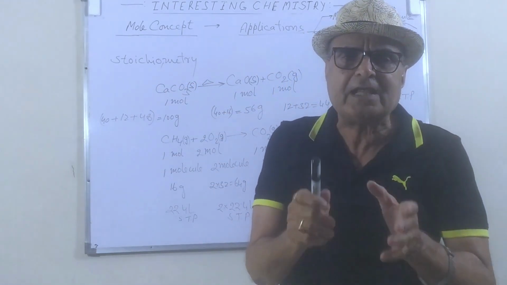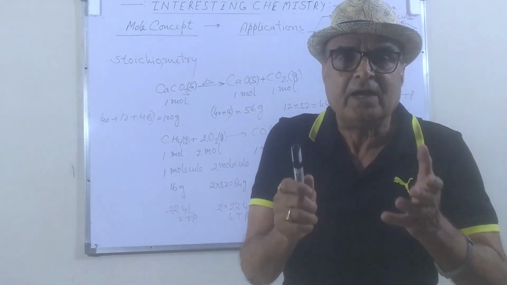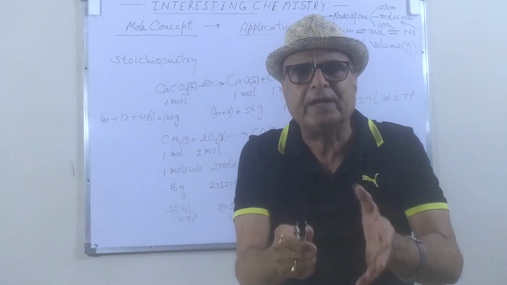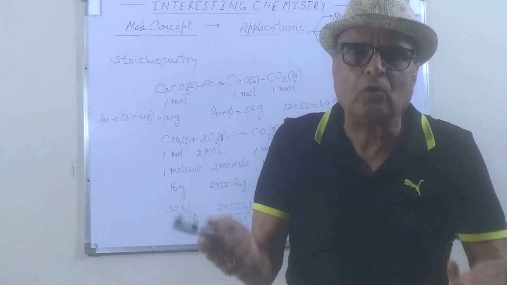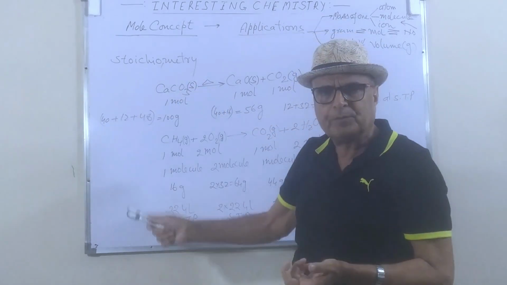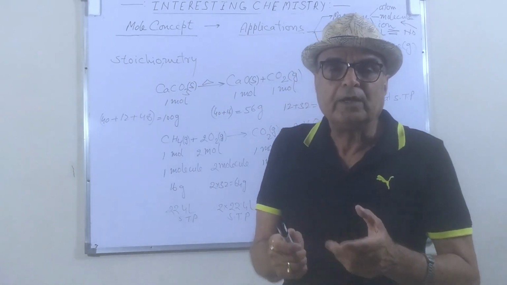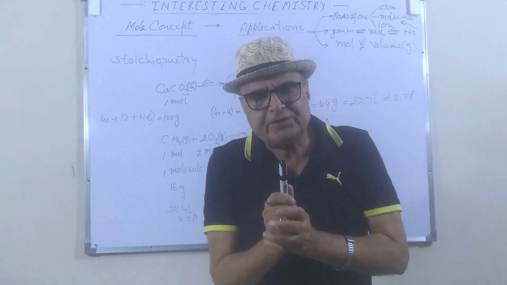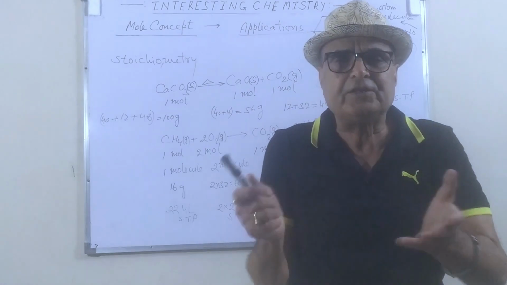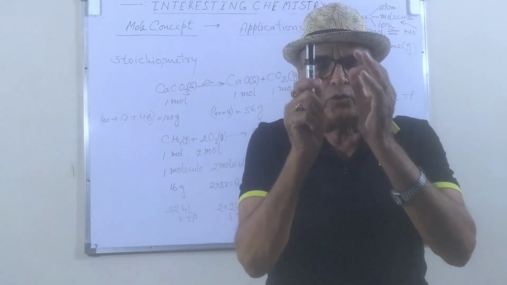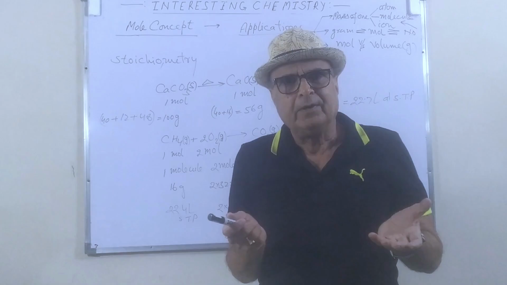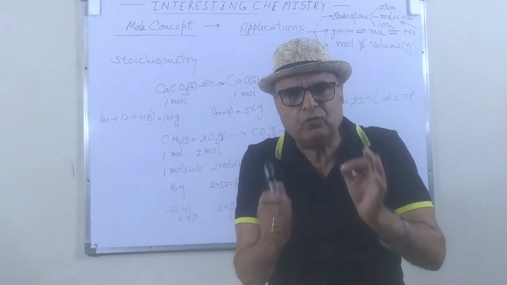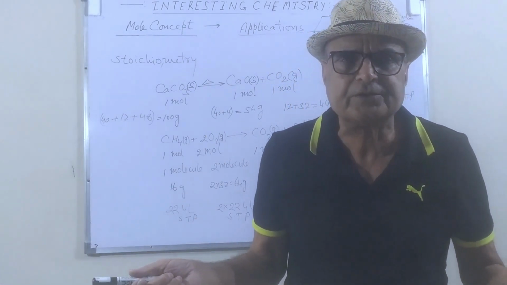Stoichiometry deals with the calculation of the required amount of reactants to get the desired amount of products. That is a way of calculation, but to calculate about the reactants and the products, we should have some information. So from where will you get the information about the reactants and the products?